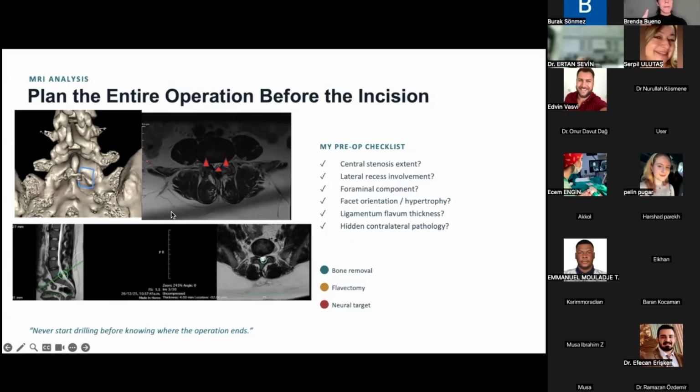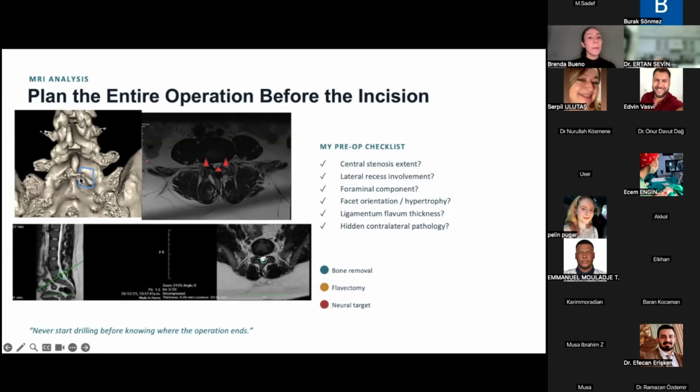My mental map is: in my CT scan, I mark my bone work, in this case on the left side at L5-S1. I measure the work I have to do, I keep it in mind, and I do it during the surgery. Of course, I mark which neural structures I need to work on.